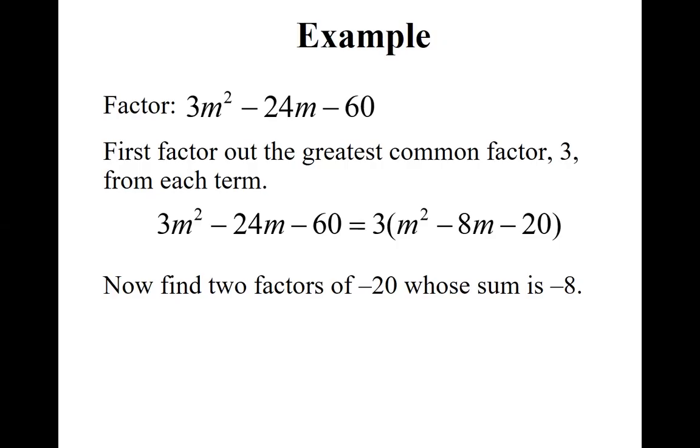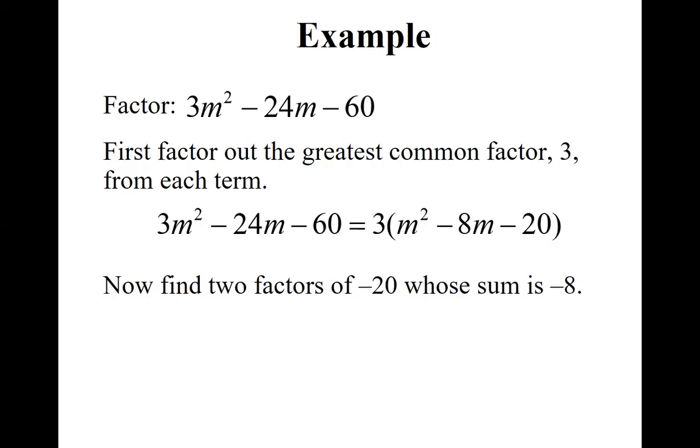They're multiplying to a negative, so they must have two different signs. 20 and 1: plus 20 minus 1 is 19, and the other way would give us negative 19. 5 and 4: 5 and negative 4 is 1, and 4 and negative 5 is negative 1.